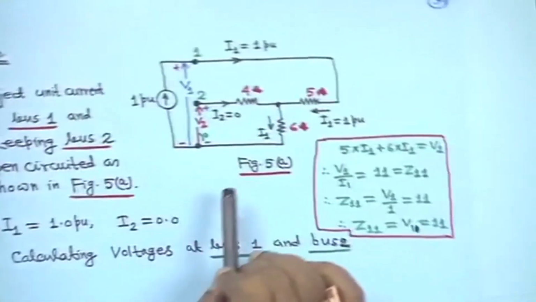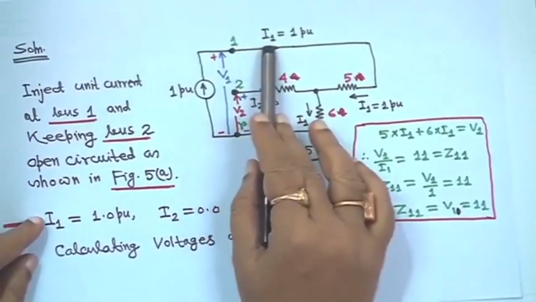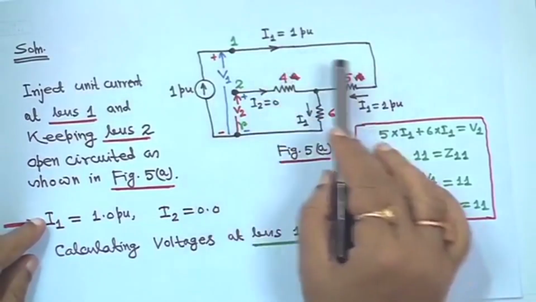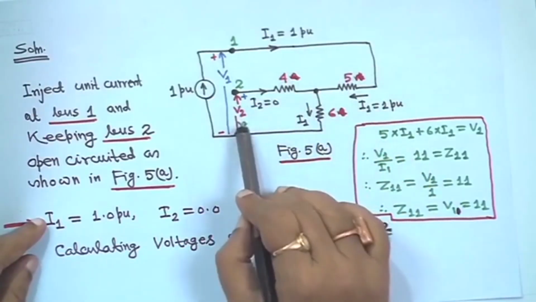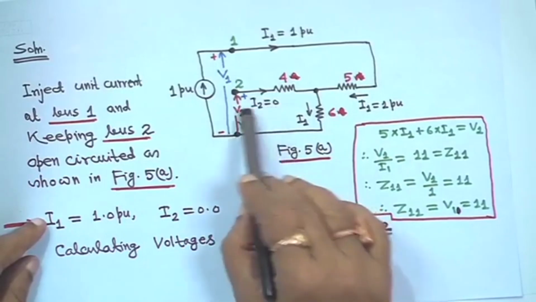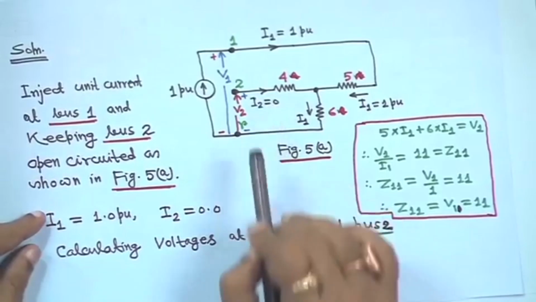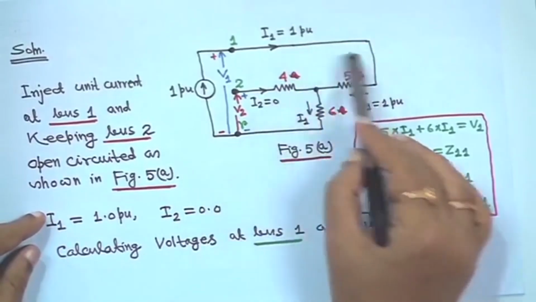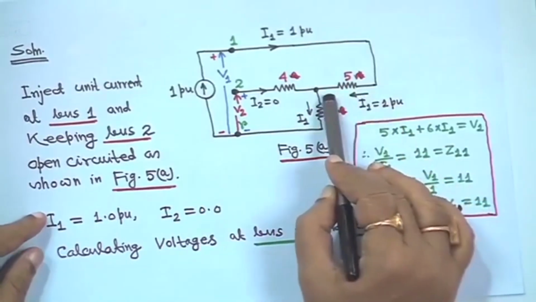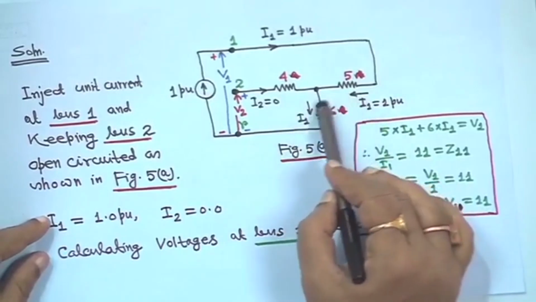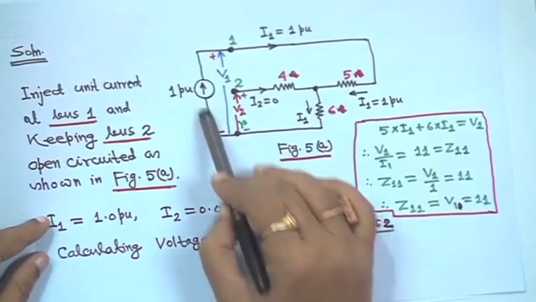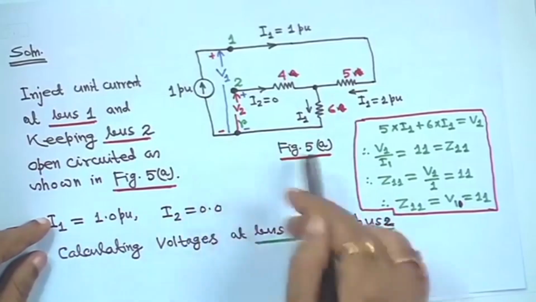That means I1 is 1 per unit current, and as nothing is injected here, I2 is equal to 0, and I1 is equal to 1. So, this I1 current is flowing here, and as this current is 0, the same I1 is flowing here, and this way it is the return path.